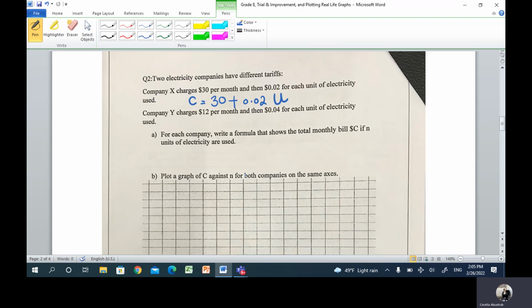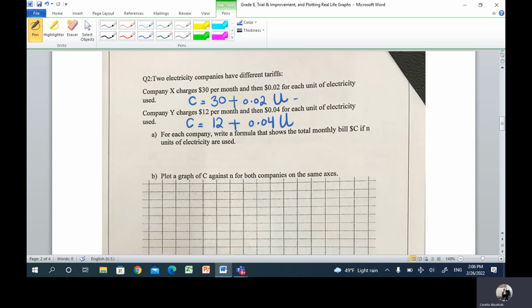Company Y charges $12 per month and then $0.04 for each unit that you consume. So the charge here is equal to $12. You're paying it anyway. Add to it $0.04 multiplied by each unit of electricity that you consume.